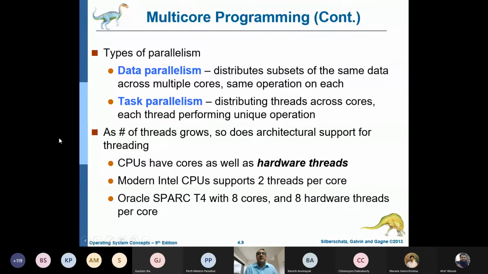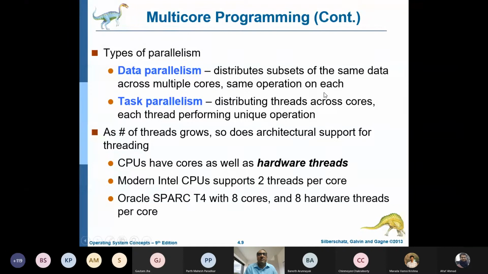Then, coming to multi-core programming, you can notice two types of parallelism in multi-core systems, which we saw when discussing the various issues application programmers face when designing multi-threaded processes. The first is data parallelism. It is distributing subsets of the same data across multiple cores, performing the same operation.